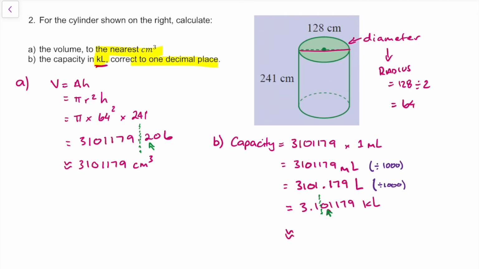So approximately equal to, we're going to have 3.1 kiloliters. Okay, so hopefully this has given you some insight into working with those formulas and capacity and how to do these particular problems. And we'll catch you in the next video.